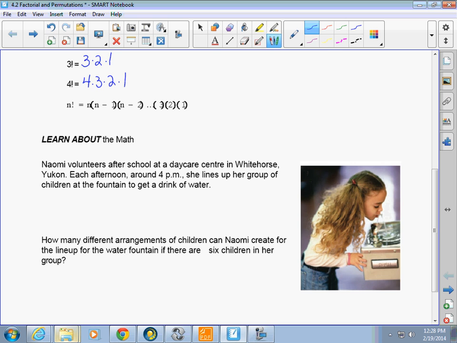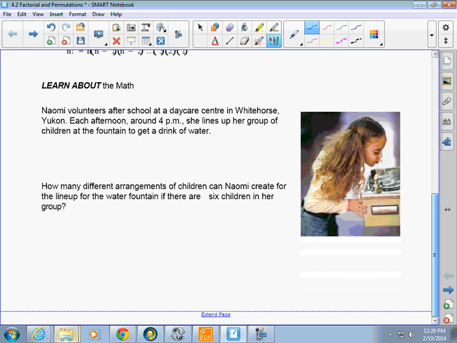So to figure this out pictorially, if we call our children A, B, C, D, E, and F, she could arrange them just like that. Or she could move them around. Let's say she starts with A, but she moves B to the end. So A, C, D, E, F, B. Whoever is second always goes into last position.